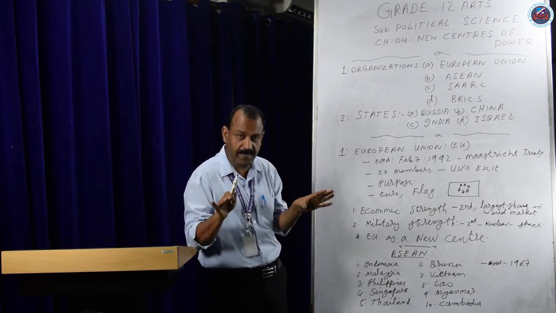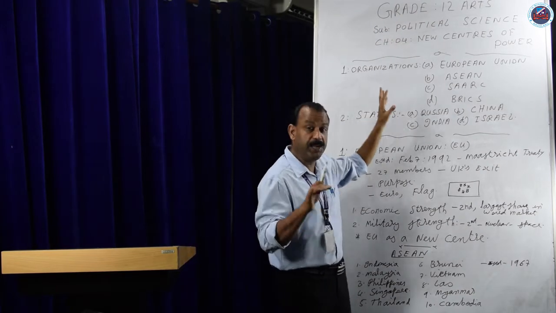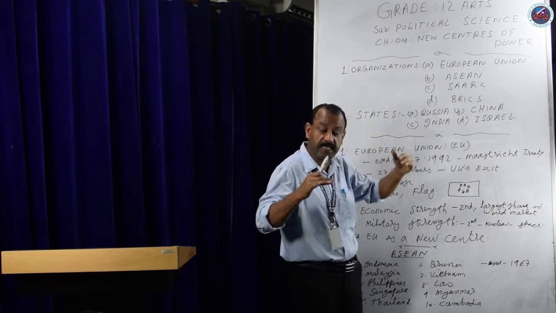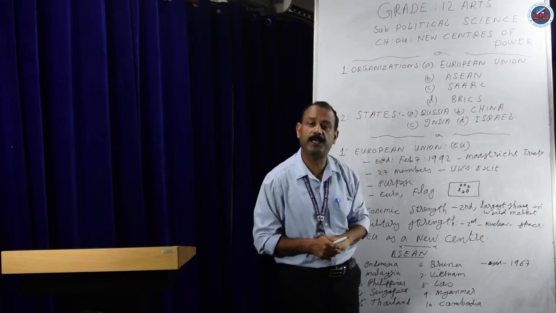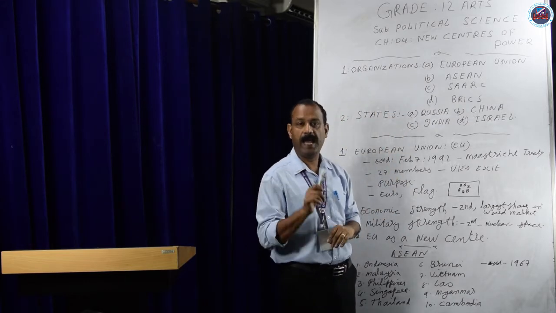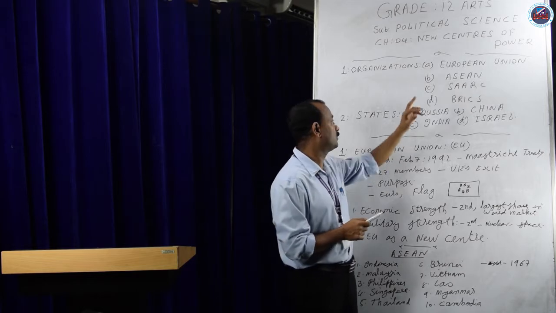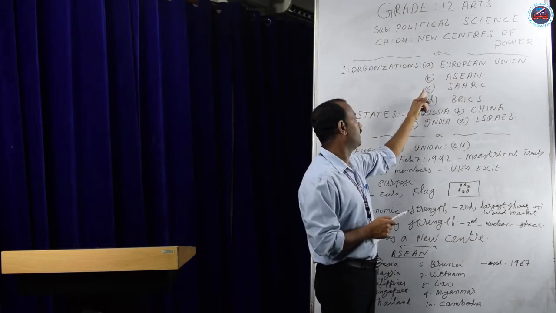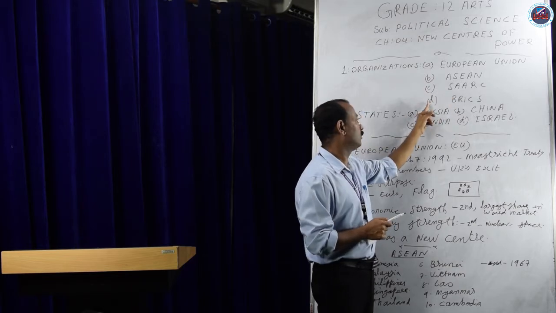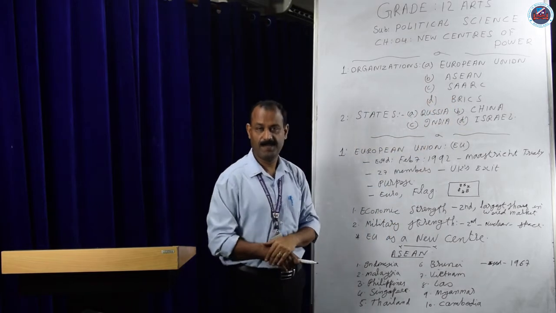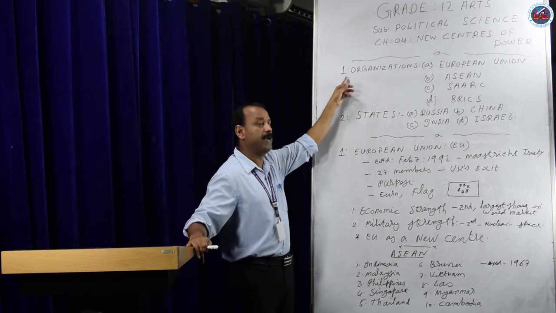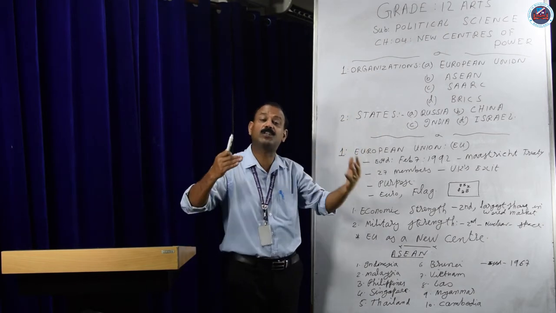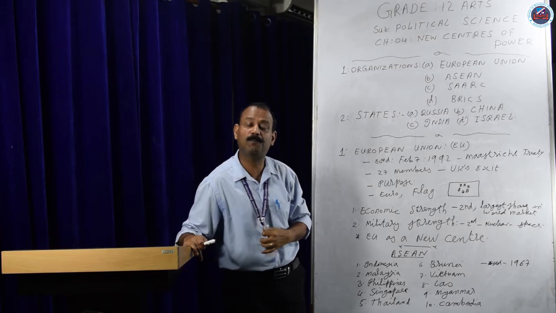But for the time being, just remember, in your syllabus, there are 4 organizations that are coming up as new centers of power in the world. These 4 organizations are, once more, European Union, ASEAN, SAARC, and BRICS. Besides the organizations, there are some states, some countries that are also coming up as new centers of power.